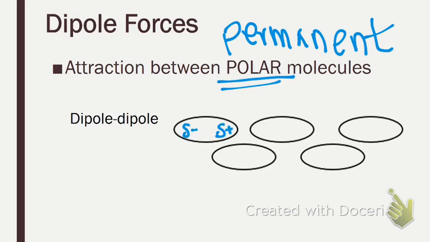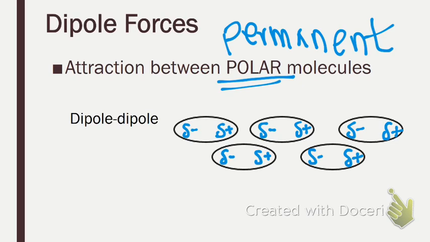And because that's permanent, as they're floating around, it's going to tend to line up the same way as these other molecules, maximizing those opposite charges that are attracted to each other. And so they kind of form these little units where 2, 4, 10 molecules might kind of stick together because they happen to line up the right way. You can kind of imagine if you had a bucket full of magnets.